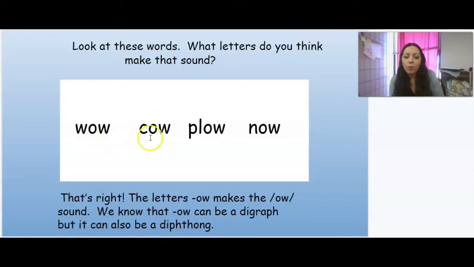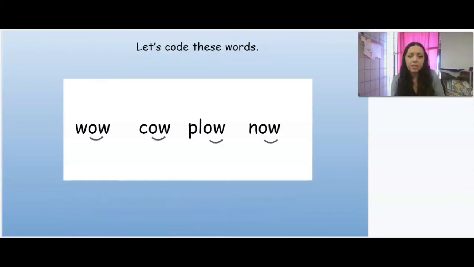That's right, the OW makes that ow sound. We know that OW can be a digraph when it says O, but it can also be a diphthong and say ow. So it's a little bit confusing. OW can have two different sounds. It just depends on how you're reading them. Okay, so let's code these words. Just like the OU that makes the ow sound, the OW that makes the ow sound is going to be hooked together too.